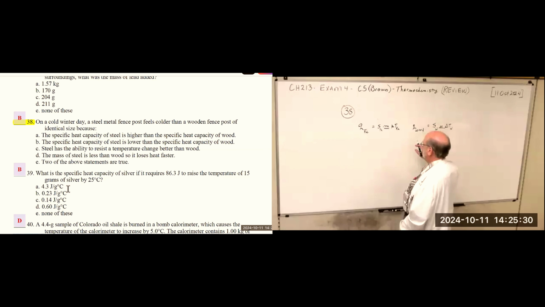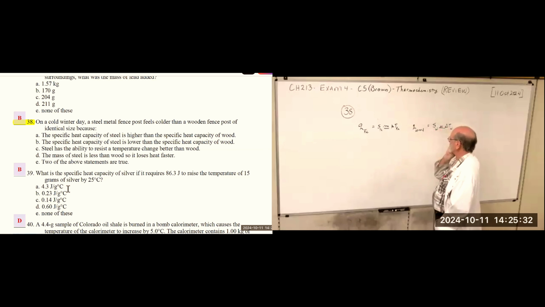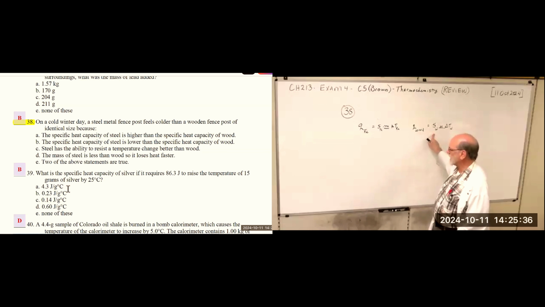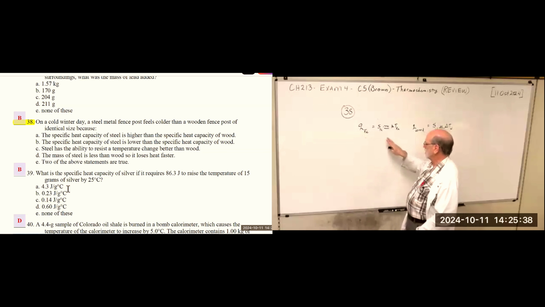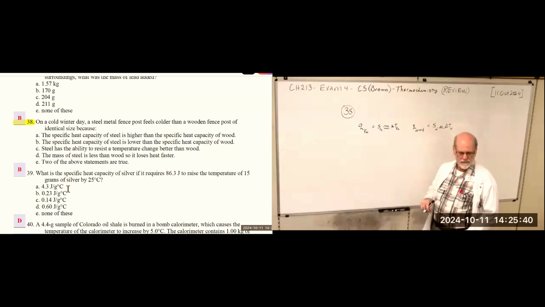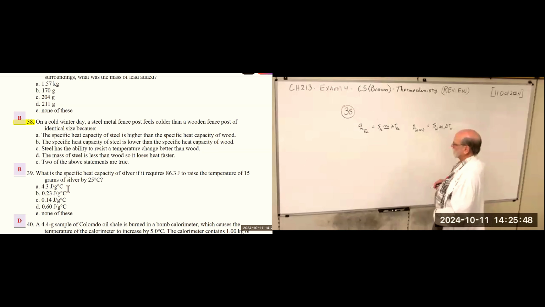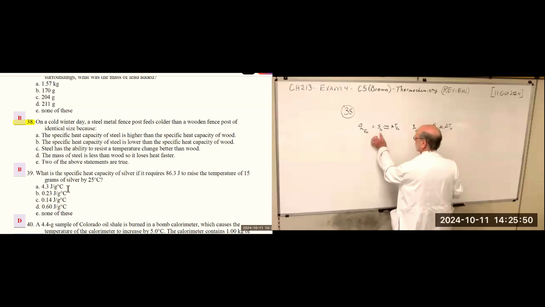So actually, we can look at this two different ways. We know this one's going to be different than that one, specific heat. How about the Q? Is the Q going to be different? Q transferred would be different, right? So we've got these, this is constant.